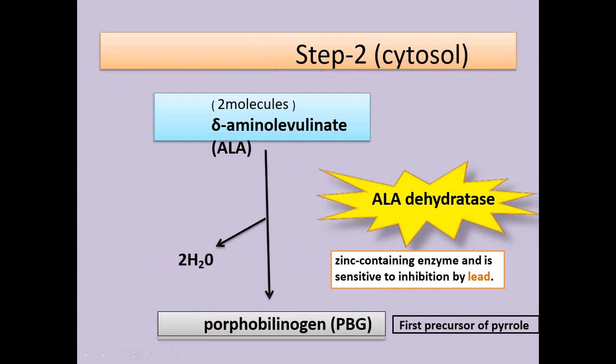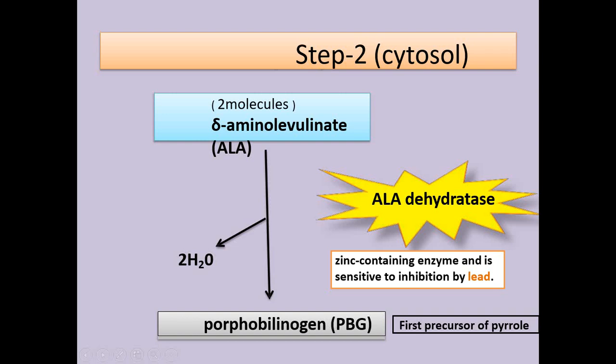Then, once ALA is synthesized, it enters the cytosol, and condensation of two molecules of delta aminolevulinic acid will form porphobilinogen with the help of the enzyme ALA dehydratase. This is a zinc containing enzyme and is sensitive to inhibition by lead.